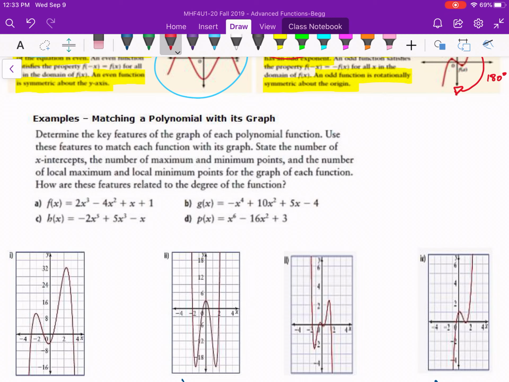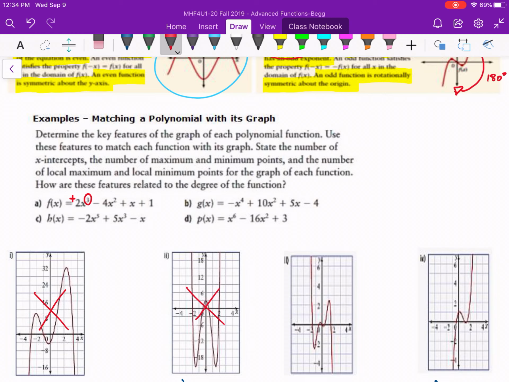All right, so let's look at the first one. This is a degree 3, if I look at that equation, with a positive leading coefficient. So what graph could match degree 3 with a positive leading coefficient? Well, it wouldn't be this one. This one has to be an even function because of the end behavior.